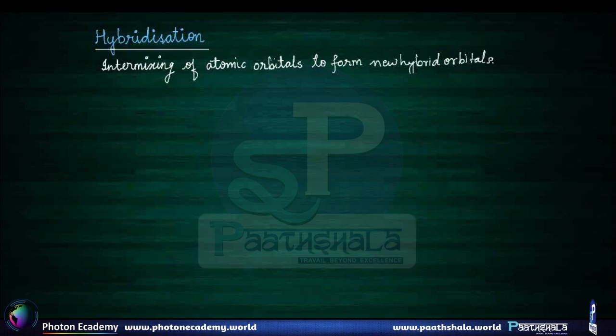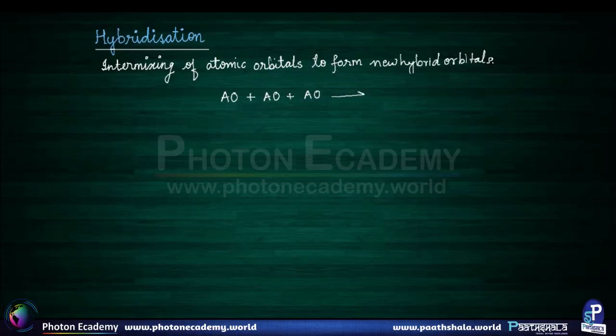Hybridization is intermixing of atomic orbitals to form new hybrid orbitals. So what I mean to say is, if there are n different atomic orbitals, they combine to give n exactly same hybrid orbitals. So the first point that needs to be cleared is, the number of atomic orbitals is always equal to the number of hybrid orbitals.